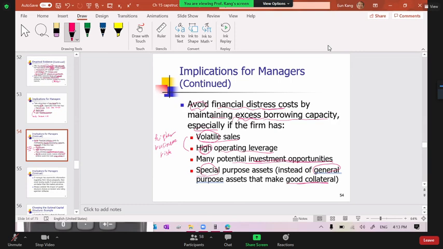Special purpose assets cannot be easily sold, because they are only for that business, rather than land or building, which are general purpose. So special purpose assets cannot be good collateral, okay? Many people are not interested in special purpose assets, unless somebody is in really the same line of business, and not many are, right? So in that case, they have to have excess or reserve borrowing capacity.